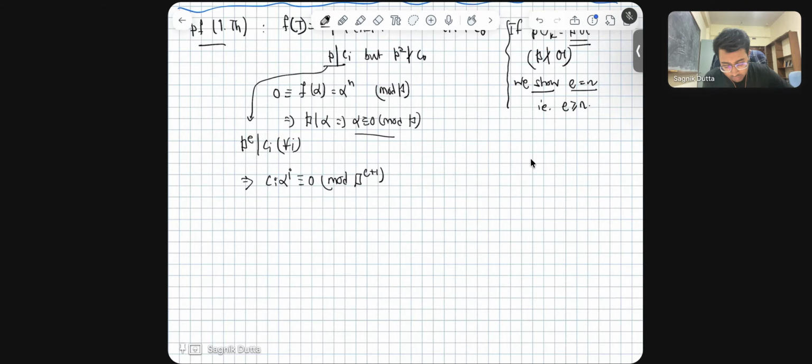And Ci is always divisible by P to the E. So as a whole, for each i, this is divisible by P to the E plus 1 at least.